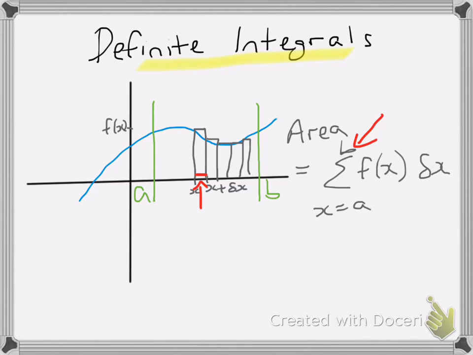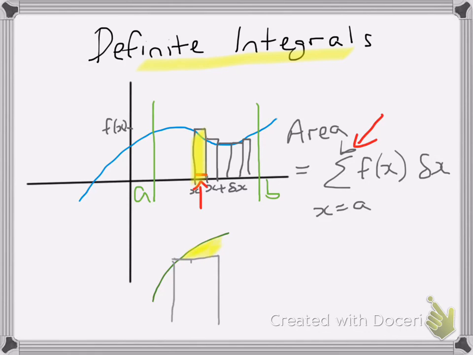Now what I want to do is make this rectangle as skinny as possible, right? Because if you look really closely, if I draw another little bit of curve down here, and then I draw some rectangles on it, if my rectangles have a pretty long width like so, then all this area here goes to waste, and I don't account for it.